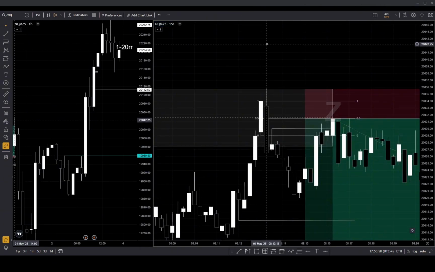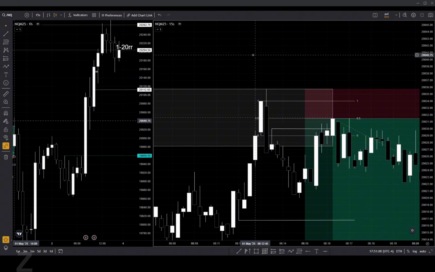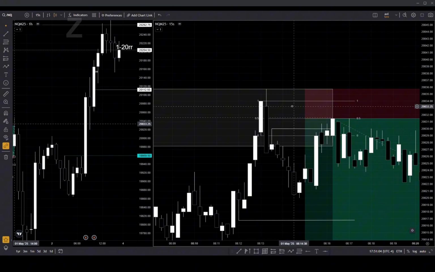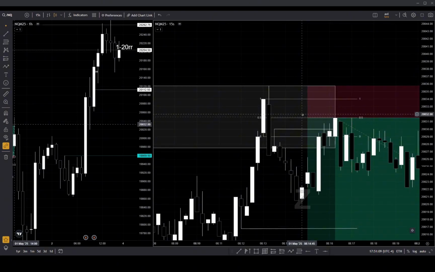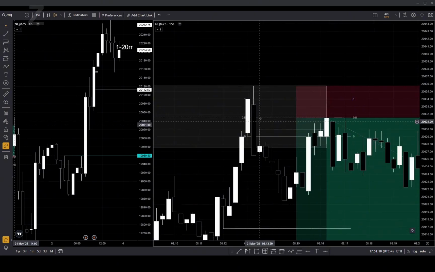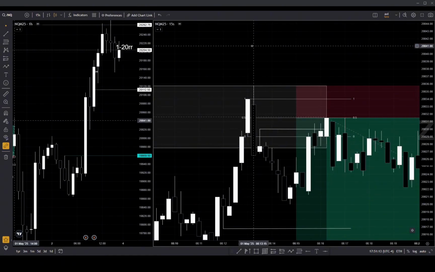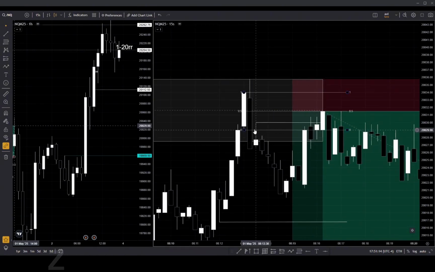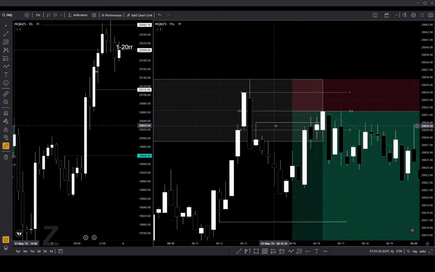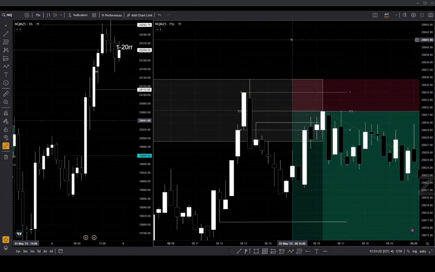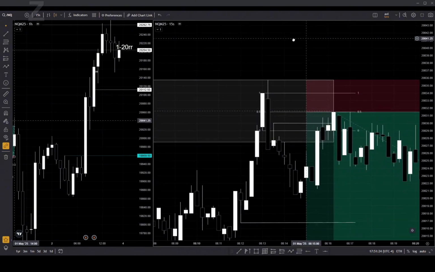Why? Because I trust this analysis, and sometimes if you trust your analysis, you just put in your limit order, your stop loss, and all of the stuff. So I put my limit order at the 0.5 of the order block because I have an internal change of structure: high, low, high, low, high, low, high, and this high takes this liquidity. So I see the market probably going to have a change of structure.